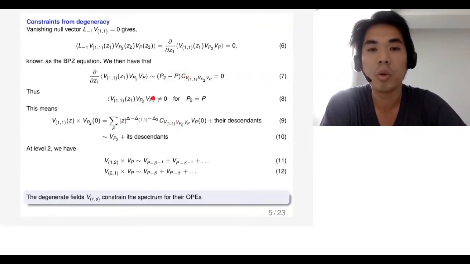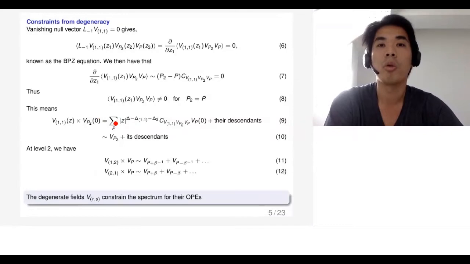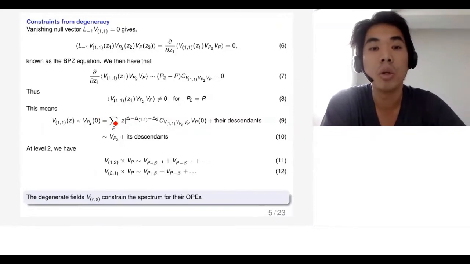So when we put this 3-point function into this OPE, we are left with only one primary and its descendants here, which means that the degeneracy of this degenerate field at level 1 completely constrains the spectrum of its OPE, and the spectrum is finite. And of course, these statements also hold for higher level degenerate fields.